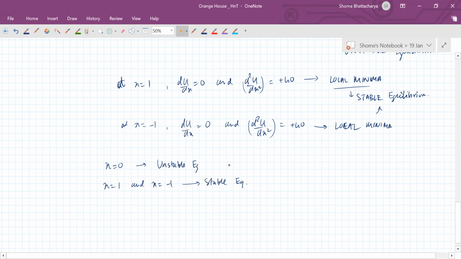Okay. So the value of potential energy which we are getting at x equal to 0, you will see it is minus 20 joules. And at x equal to 1 or minus 1, you will see it is minus 25 joules. So this is the minimum value. And this is the maxima.